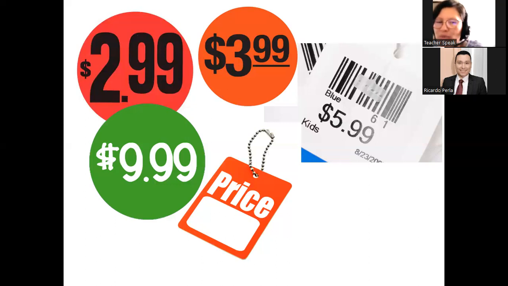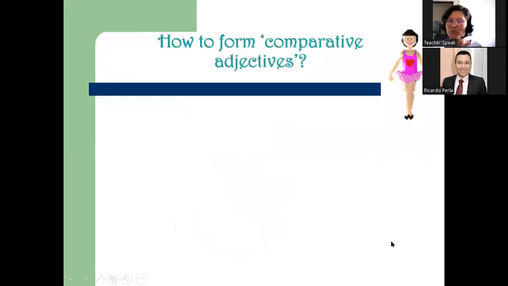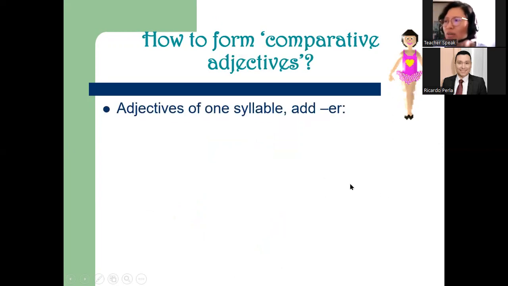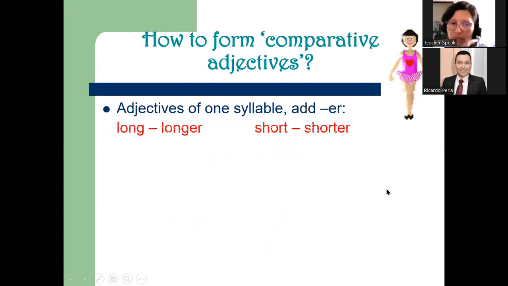¿Y qué más hacemos when we have consonant, vowel, consonant? I will show them to you, don't worry. Okay. So the thing is that when we have comparatives, there is something that we call one-syllable adjectives, right?